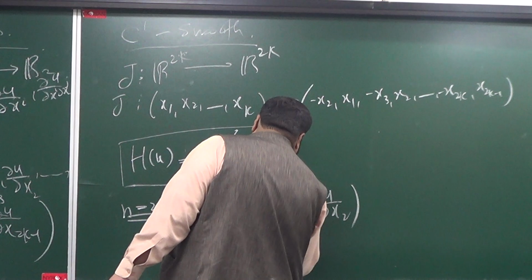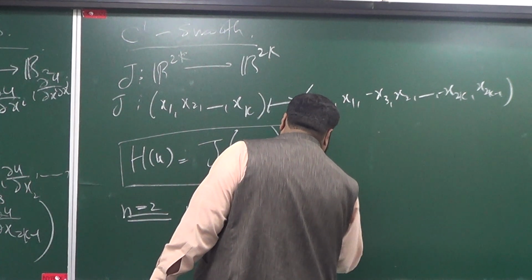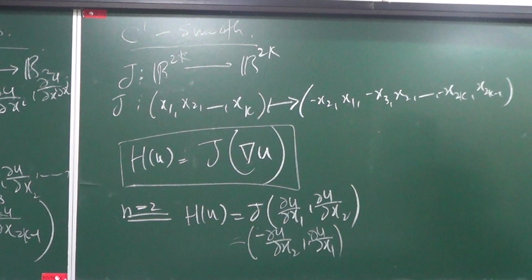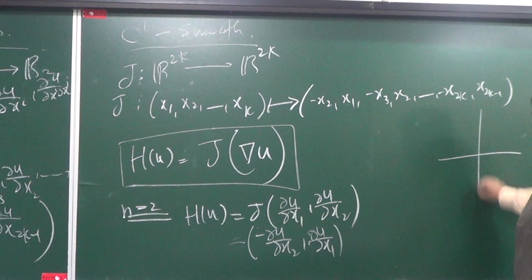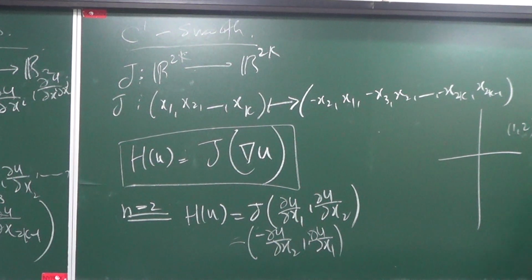Minus partial u by partial x2 and partial u by partial x1. If you want to interpret this in 2 dimensions, imagine I have a point (1, 2) here and I'm substituting into the J. So what is happening with the map? It's going to be (-2, 1). So where is the -2?